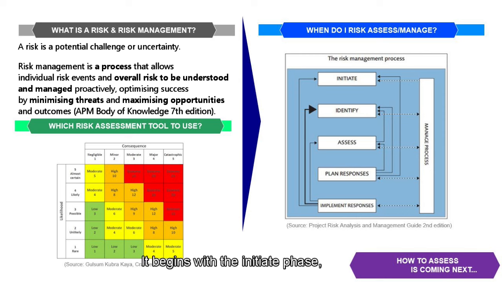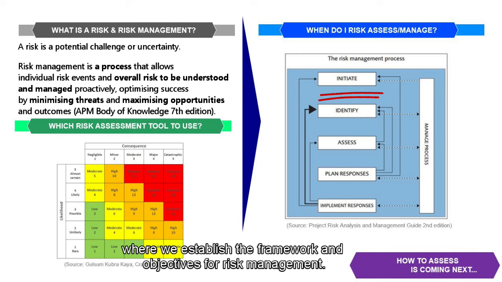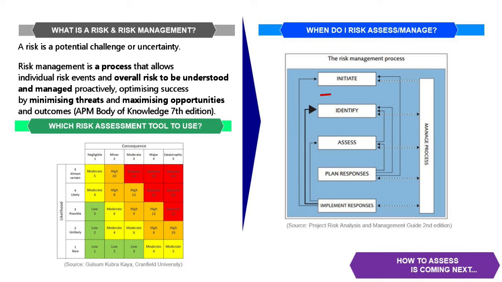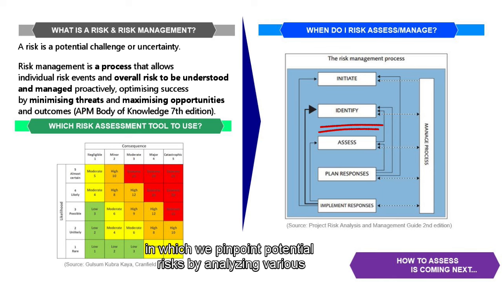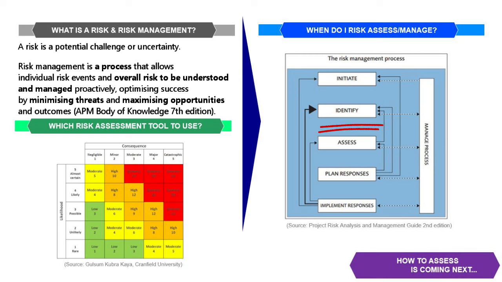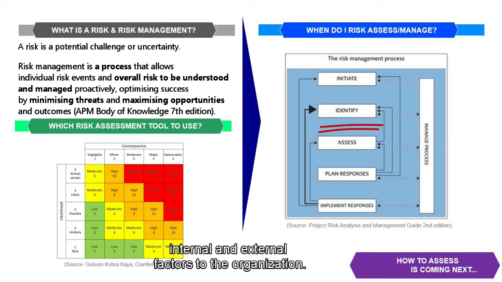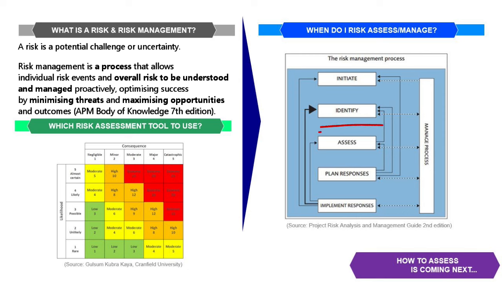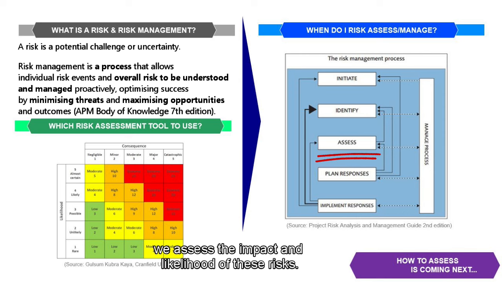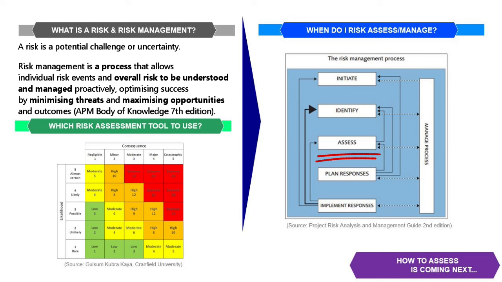It begins with the initiate phase, where we establish the framework and objectives for risk management. Next comes the identify phase, in which we pinpoint potential risks by analyzing various internal and external factors to the organization. Once identified, we assess the impact and likelihood of these risks.